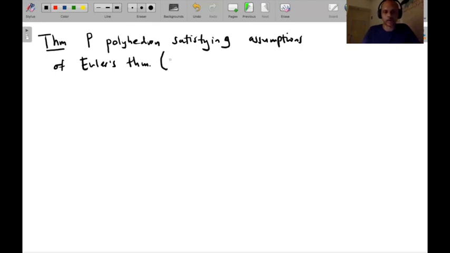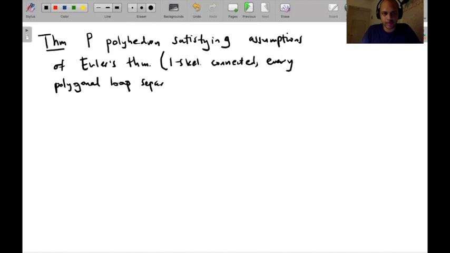So, okay, the one skeleton should be connected, and every polygonal loop separates. So then P is topologically equivalent to S2.